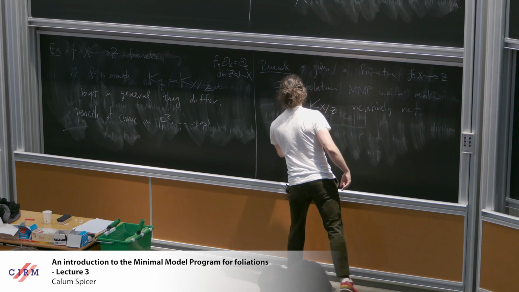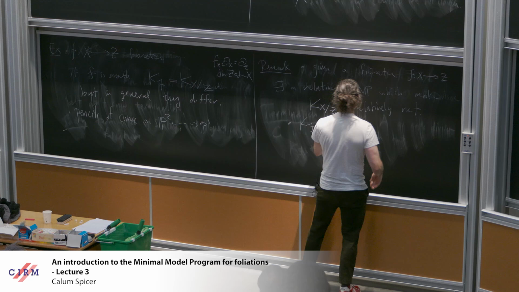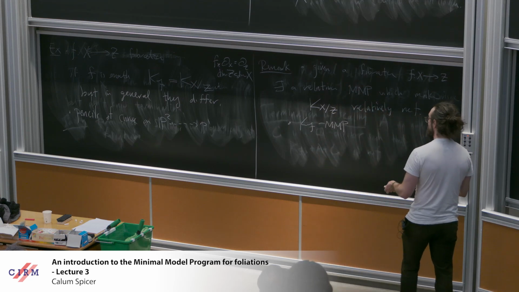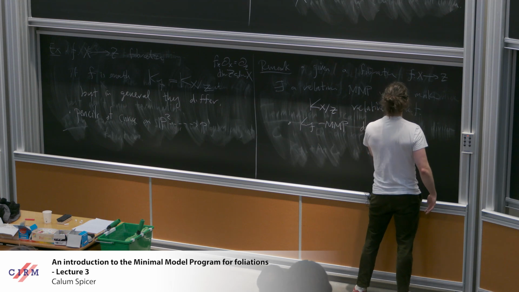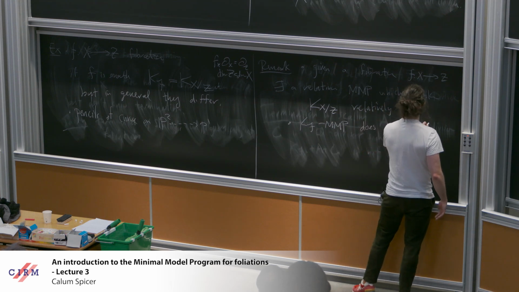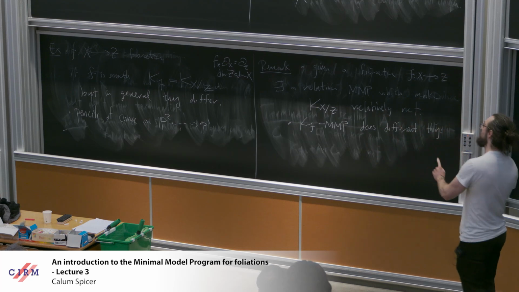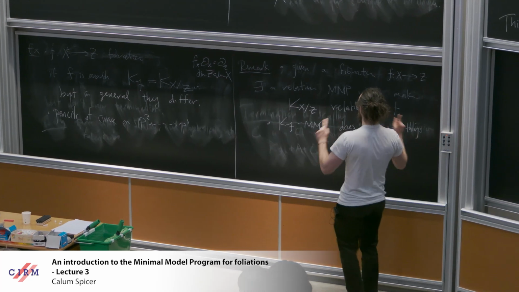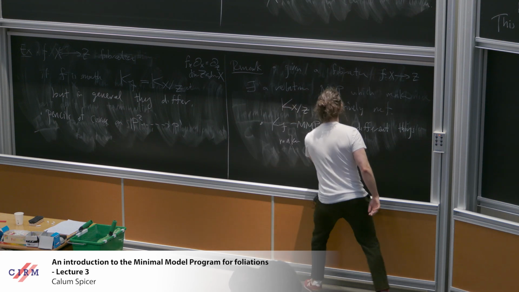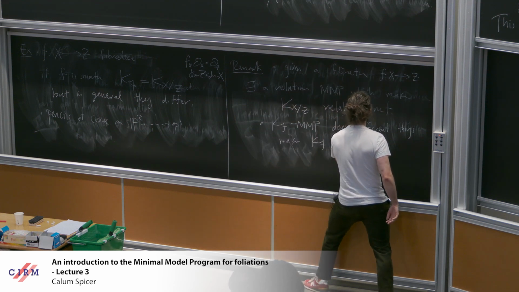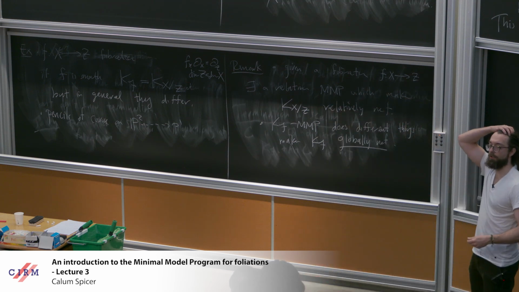I want to make two points. Because K_F is not necessarily equal to K_X over Z, the K_F MMP does different things. It flips and contracts in different ways, but also, and this is a very crucial point, it makes K_F globally nef. So you actually get a stronger conclusion in this case.